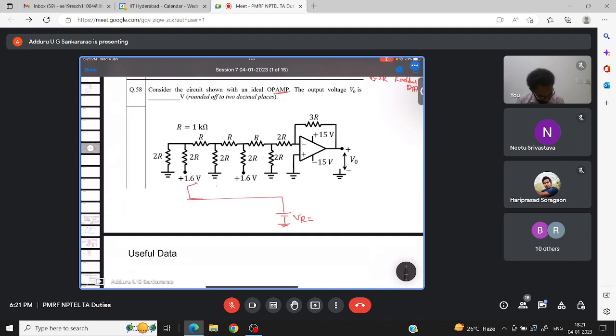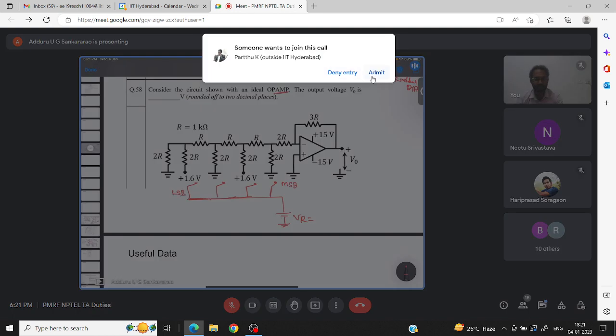Actually, the switch that is closer to the operational amplifier is nothing but the MSB, most significant bit, and the switch that is away from it is called the LSB.